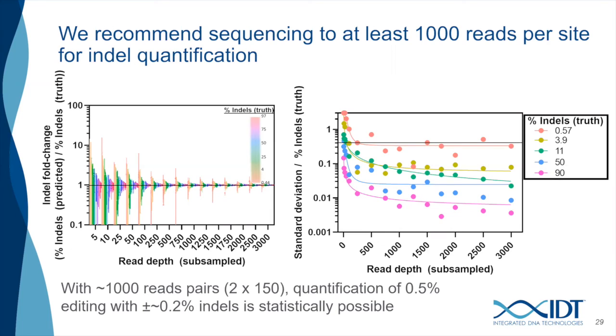When we're getting to read depths approaching 1,000 paired end reads, in this case from a 2x150 Illumina MiSeq run, it appears that approximately 0.5% of the indels can be annotated with a deviation around plus or minus 0.2% at around 1,000 paired end reads. So we routinely use at least 1,000 reads per site for indel quantification of 0.5% editing levels.